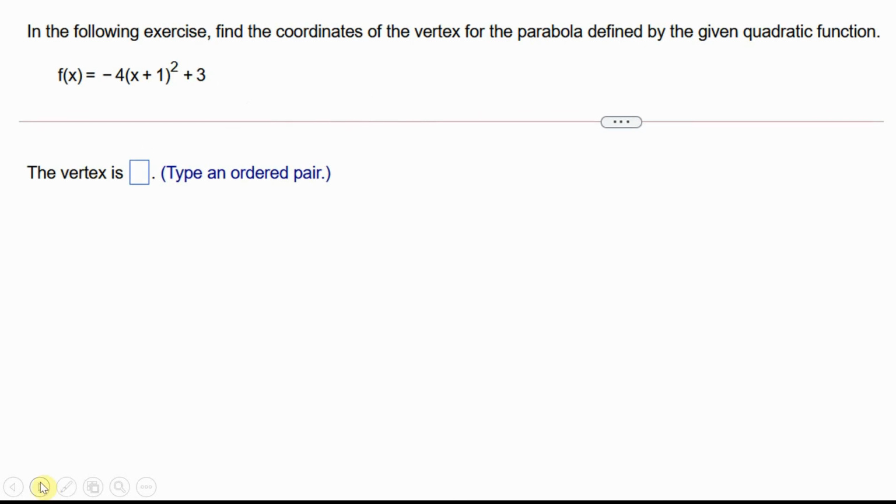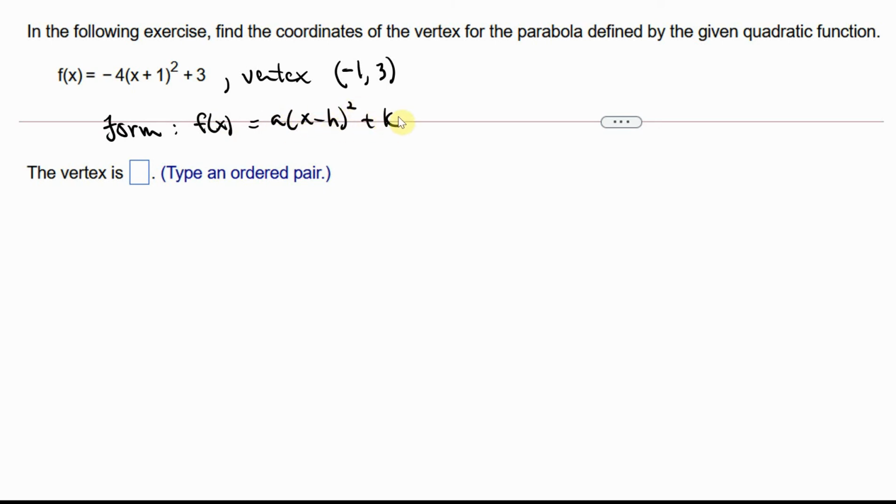Let's look at this one. So what's the vertex for this one? Negative 1 comma 3. See, the form is f of x is equal to a times x minus h squared plus k.